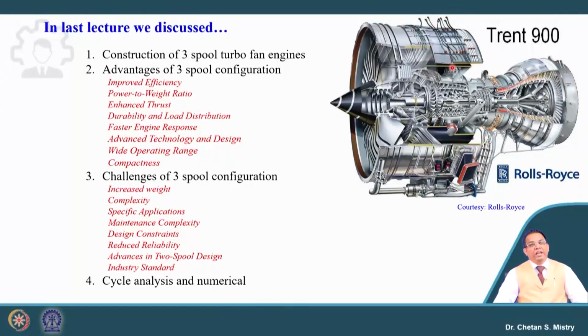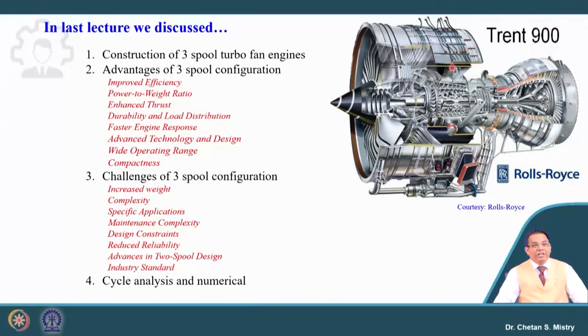And we see that almost all engines running fine with all airlines and all kinds of aircraft are working fine with the 2-spool configuration, and that is the reason people were hesitant to move towards the 3-spool configuration. No doubt the benefits we are discussing are much better compared to the 2-spool configuration.